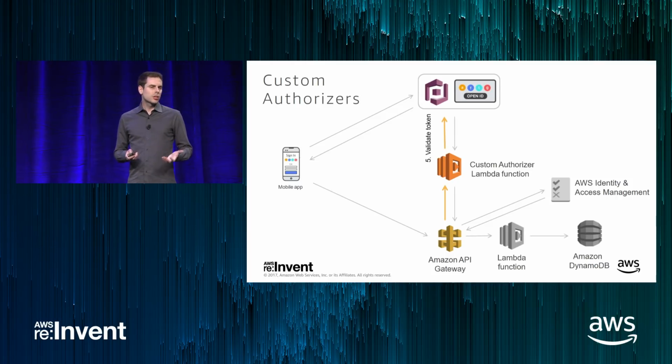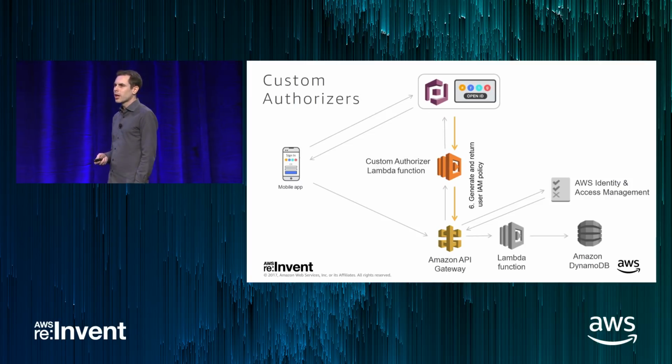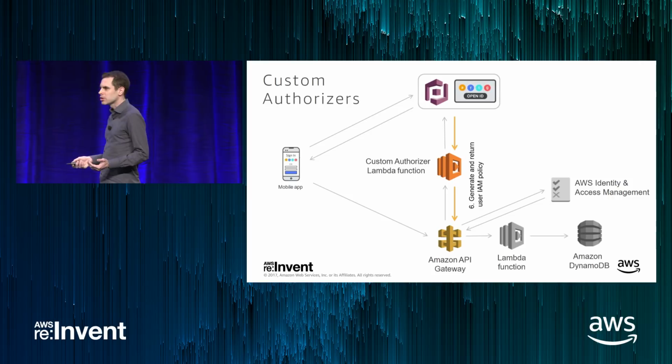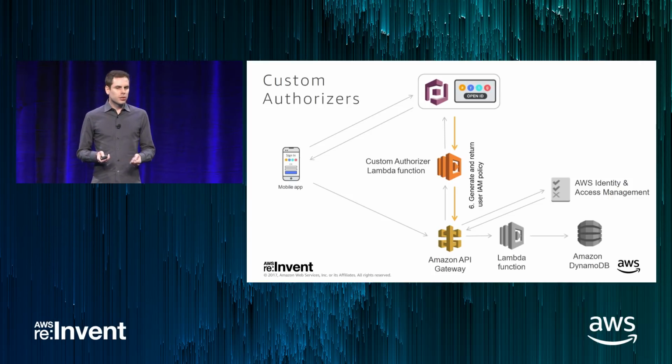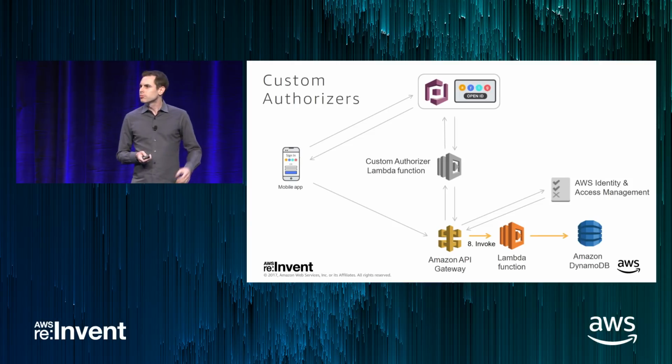It can run the business logic of your choice and talk to any third-party service or ID provider to validate the user and determine what access they should have, ultimately sending back a well-formed IAM policy. Once this is back with API Gateway, we check the IAM policy to see if they have access for the operation they've requested. Assuming they do, we invoke Lambda just as before, which then accesses Dynamo.